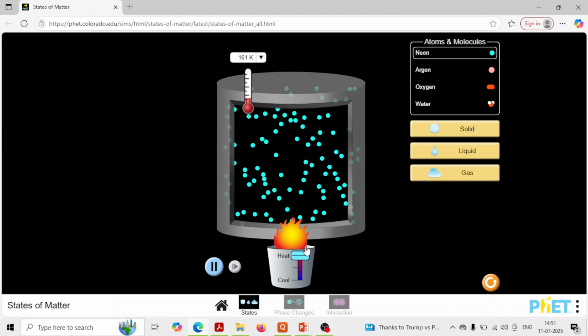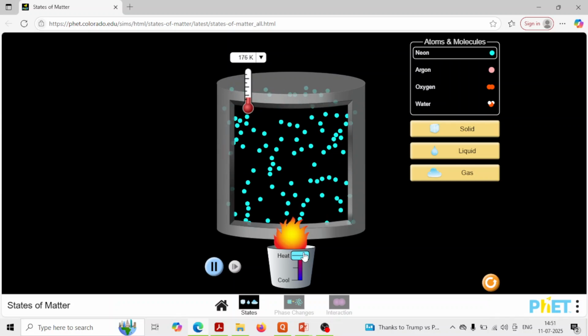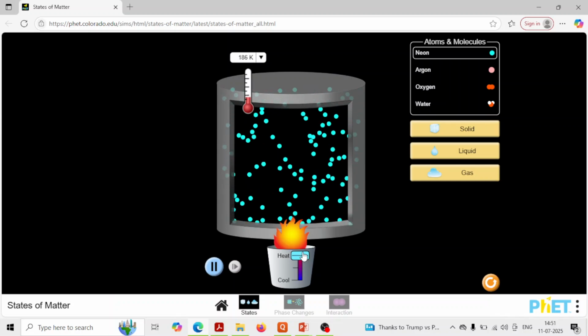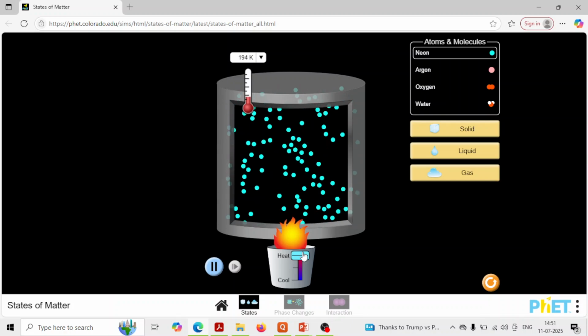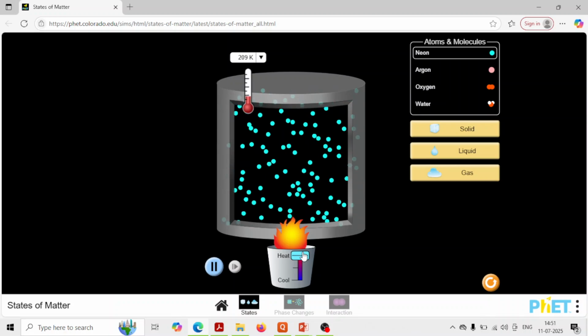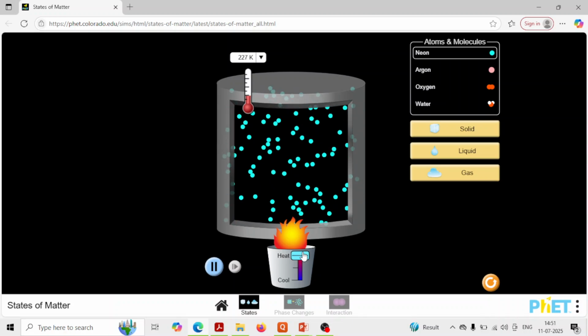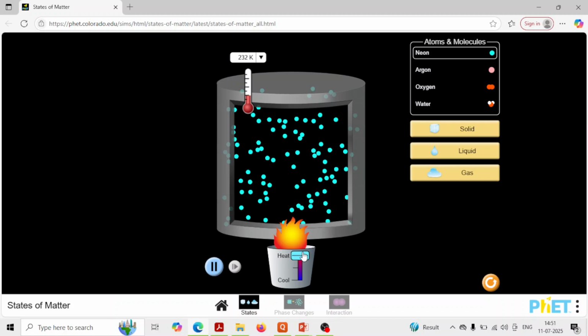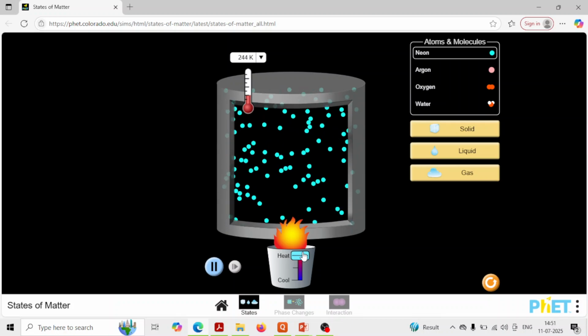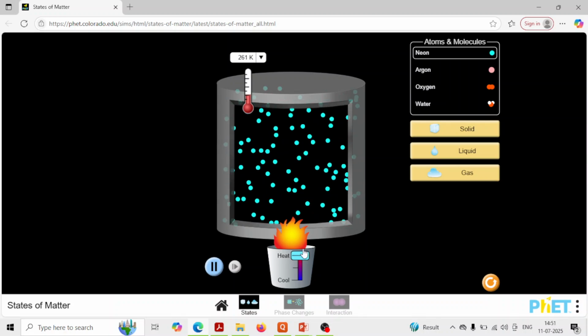If you go on increasing, you can see they started moving faster and faster, right? And collision is increased. The number of collisions between the molecules as well as with the container walls is increasing, right?